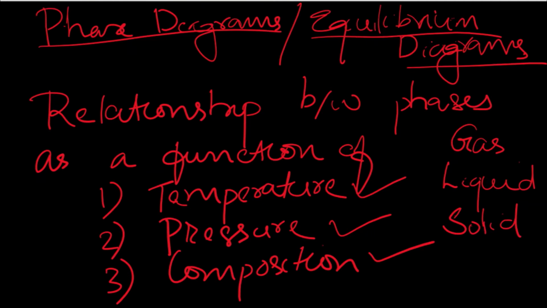So the arrangement is uniform, or the composition is uniform. That is why gas is called a phase. Similarly, liquid, the composition is uniform. And similarly, solid, the composition is uniform. That is why gas, liquid and solid are called phases.